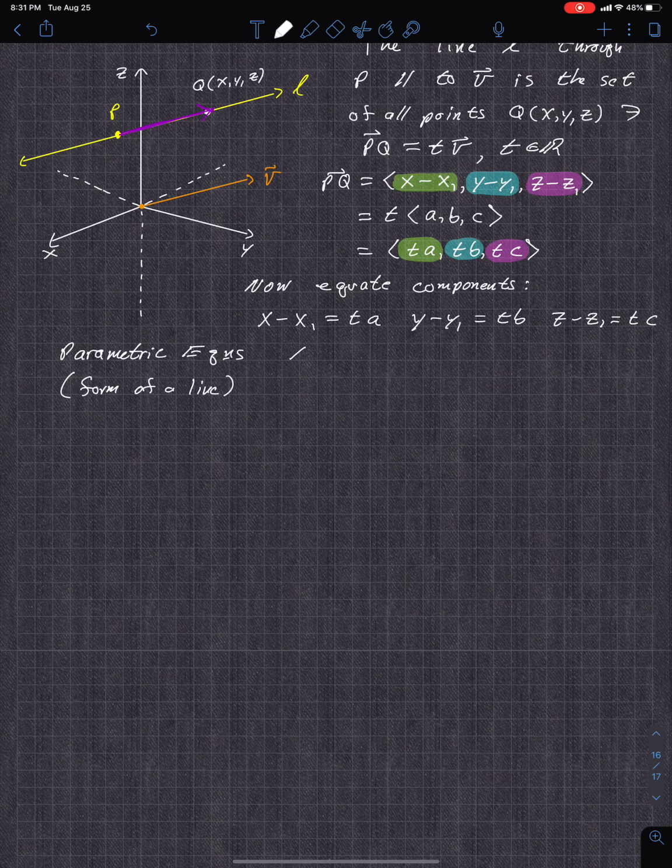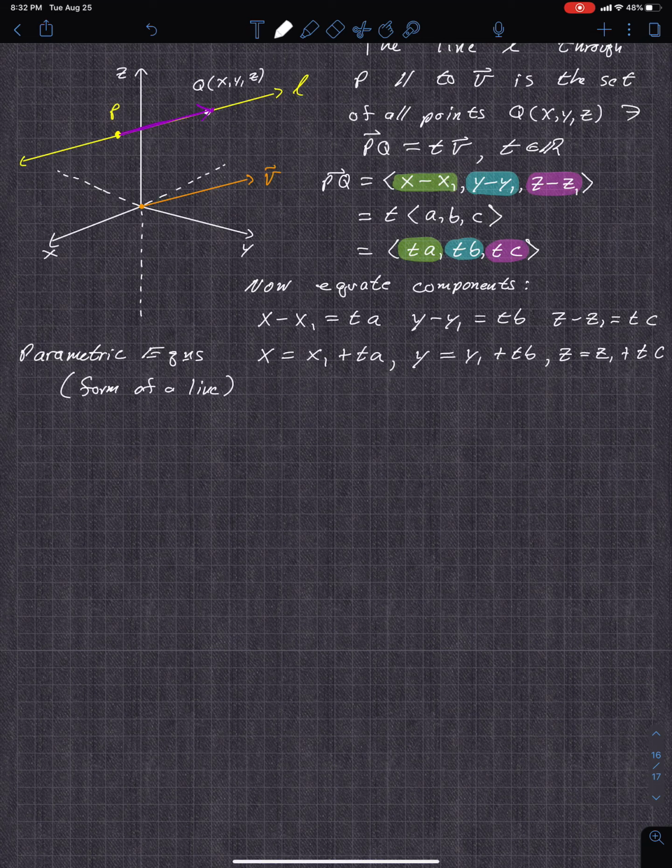So you have x equal to x1 plus ta, y equal to y1 plus tb, and z equal to z1 plus tc. So that's your parametric form of a line.